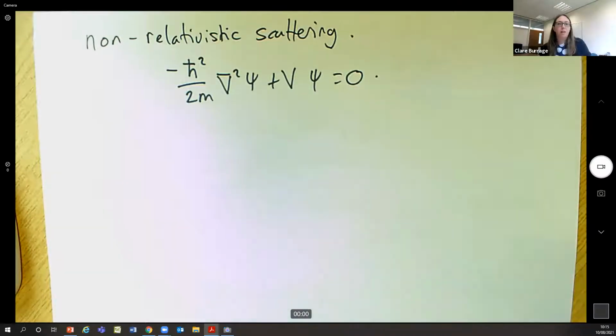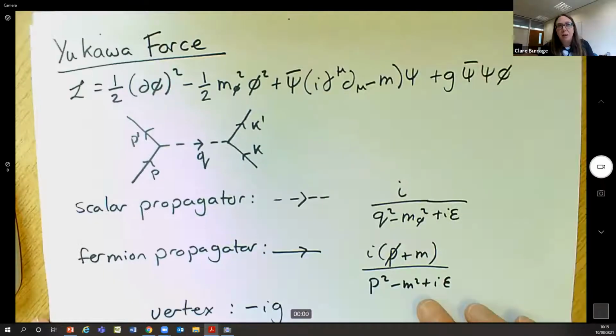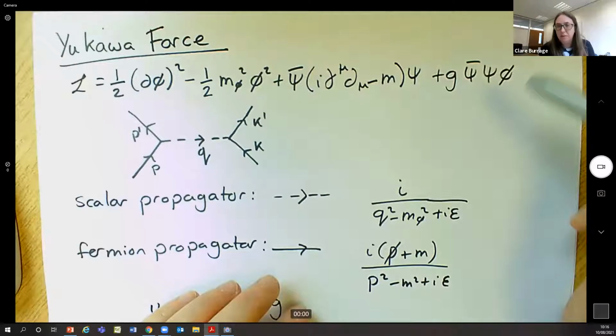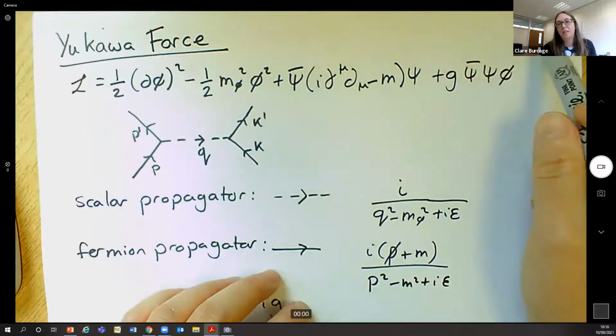So at the moment I'm not talking about gravity at all. I'm assuming that in this situation either gravity is negligible or we can compute the scattering amplitude of our scalar and then add it to the scattering amplitude exchanging a graviton. But the theory that I've started with here is one where the coupling of the scalar field to matter is explicit.